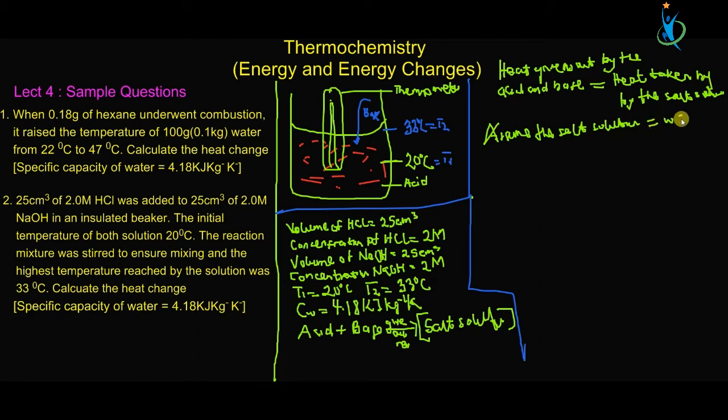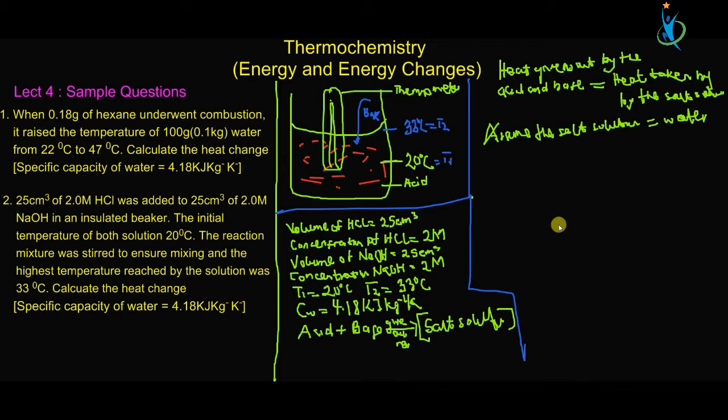This is an assumption. When the acid and base came together, they formed a salt solution, but the water will be much more than the salt, and so we can use the water information to find the heat.